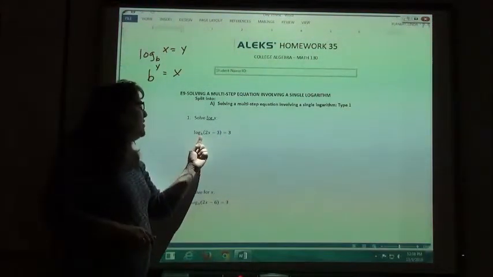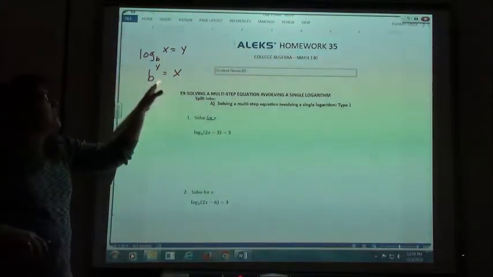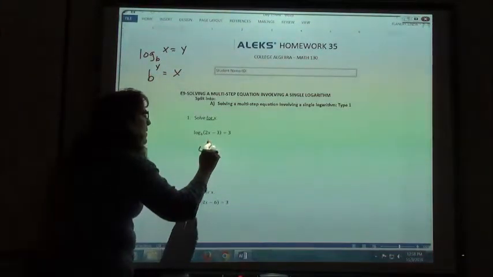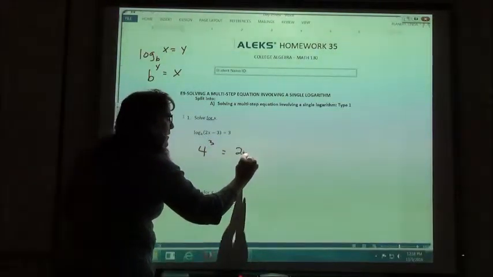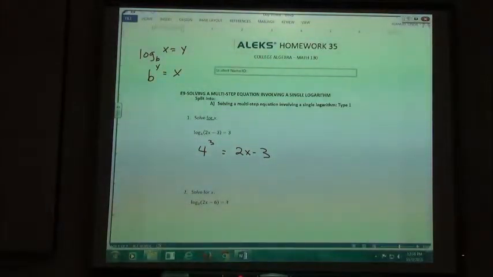So if I have log base 4 of 2x minus 3 equals 3, and I rearrange it into exponential form, I'm going to write it as 4 to the third power equals 2x minus 3.